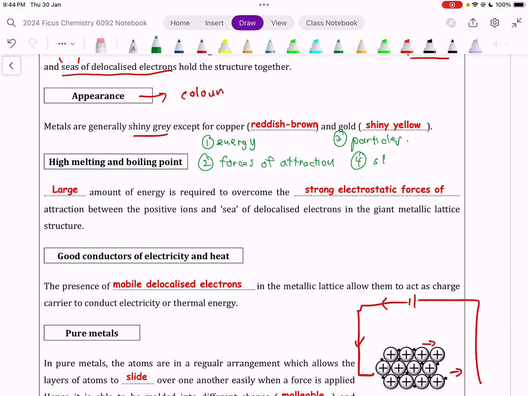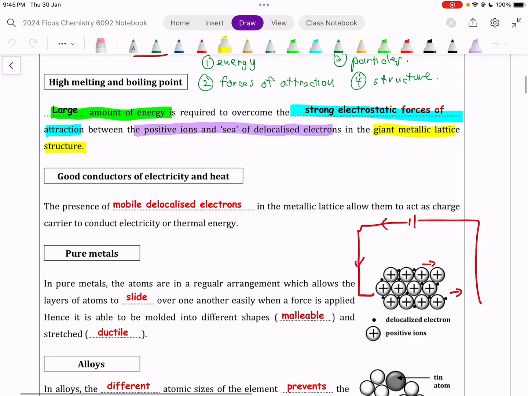I'm going to highlight them in four different colors. In this case, a large amount of energy is required to overcome strong electrostatic forces of attraction. For the particles, it is positive ions and a sea of delocalized electrons, and lastly the structure is a giant metallic lattice structure.